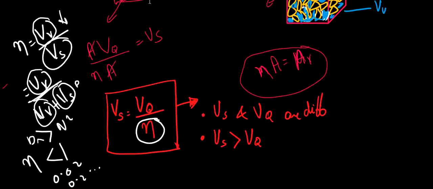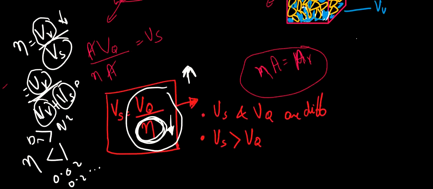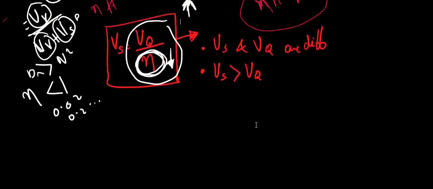Now if this value decreases, my whole fraction will increase. How? Let's take an example. Suppose my discharge velocity V is 2 meter per second, and my porosity value is 0.2. So what will be my seepage velocity?